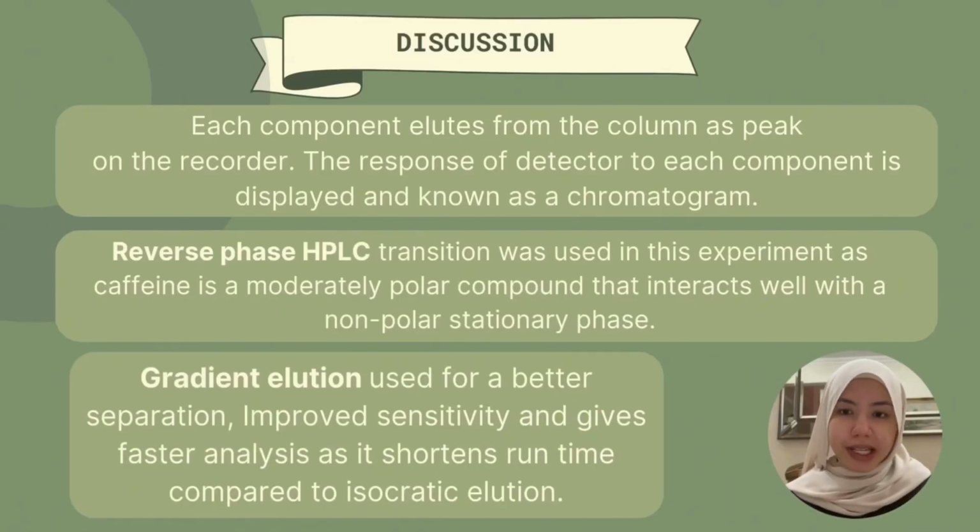First, I will briefly explain details about HPLC before going into discussion. High-performance liquid chromatography (HPLC) is a technique in analytical chemistry used to separate the components in a mixture and to identify and quantify each component.